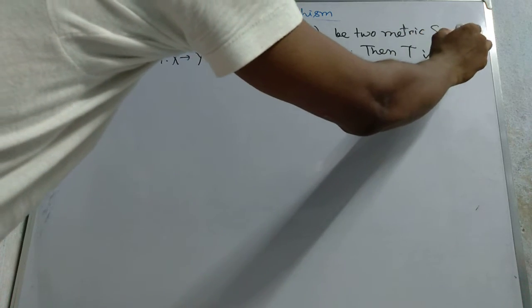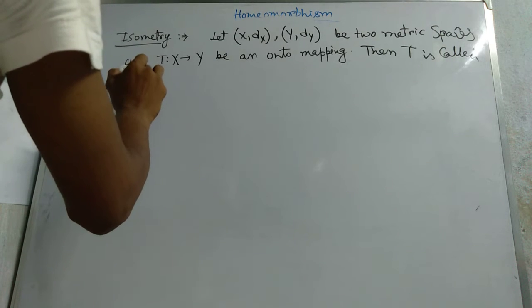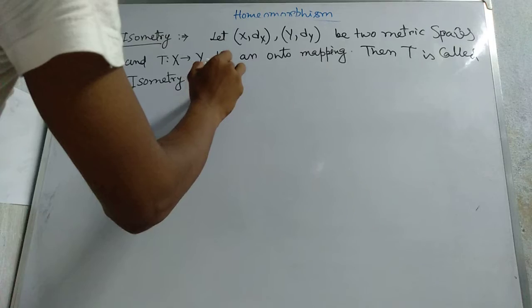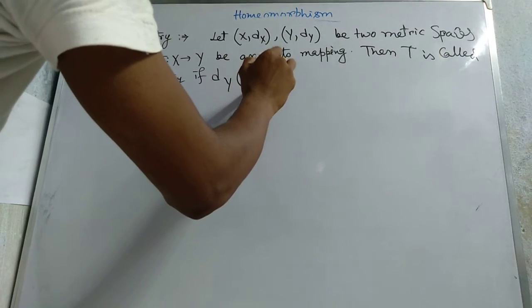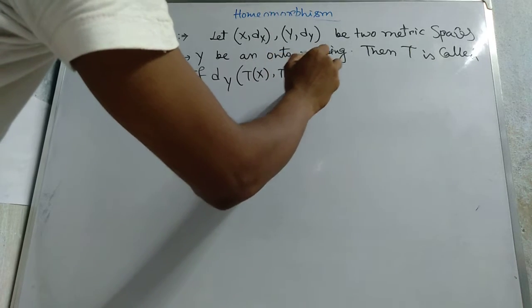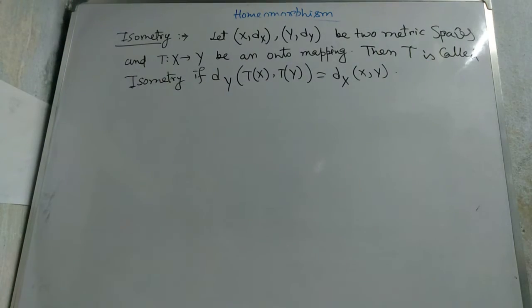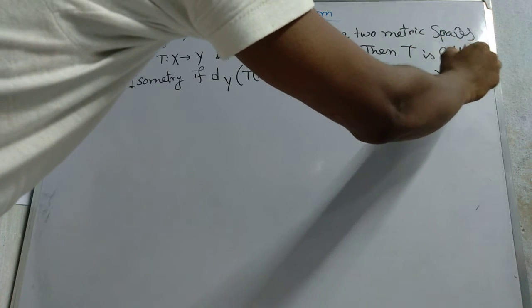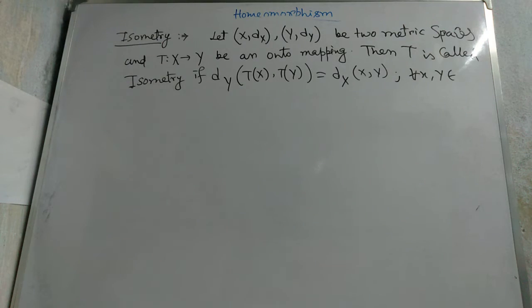Then T is called an isometry if d(Tx, Ty) equal to d(x, y) for all x, y belongs to X.